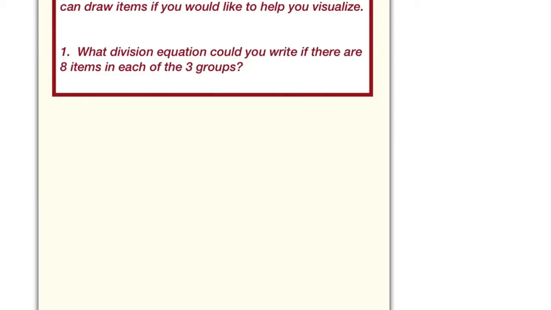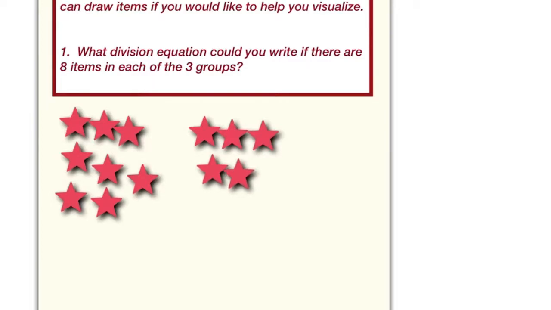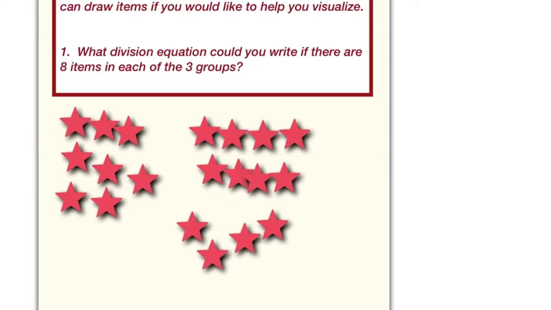So let's say we had 8 items in each of 3 groups. 1, 2, 3, 4, 5, 6, 7, 8, and 1, 2, 3, 4, 5, 6, 7, 8, and then 1, 2, 3, 4, 5, 6, 7, 8.